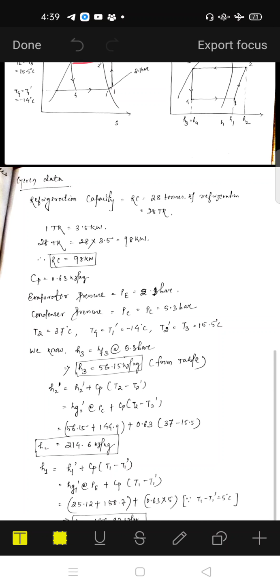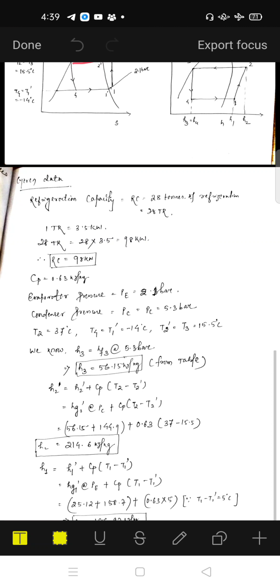So you know all the temperature limits, and you can easily find the enthalpy at point 3, that is hf3 at the pressure of 5.3 bar, and from the table you can check the enthalpy. It is 56.15 kilojoule per kg.